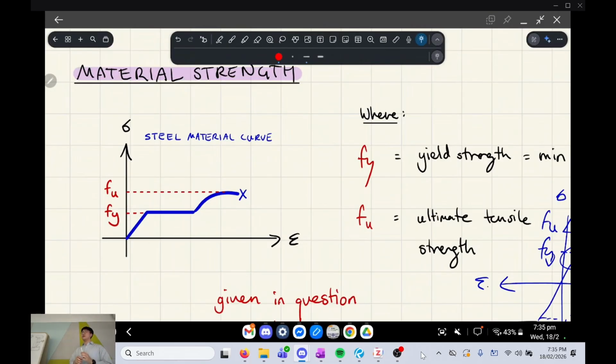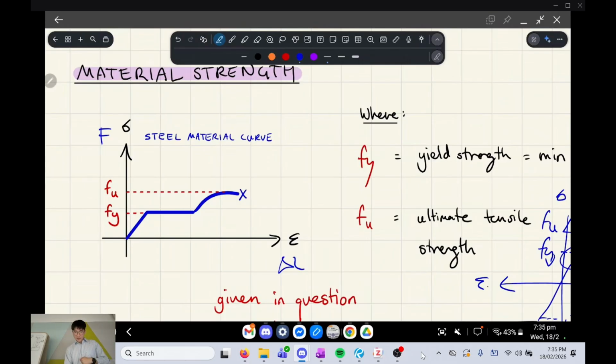So basically, I'm just going to talk in caveman terms. Think of stress like force, and instead of strain, think of it like delta L: how much something is going to elongate in tension, or how much it's going to deform and squash in compression.